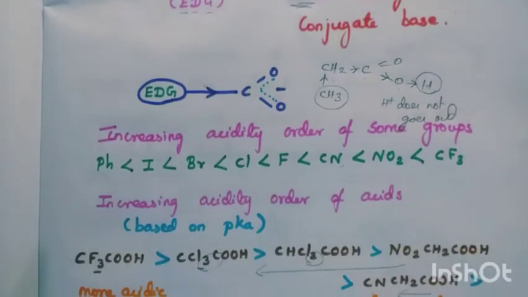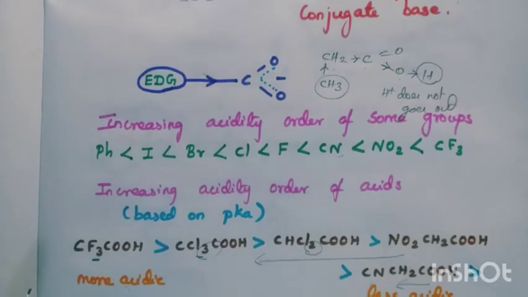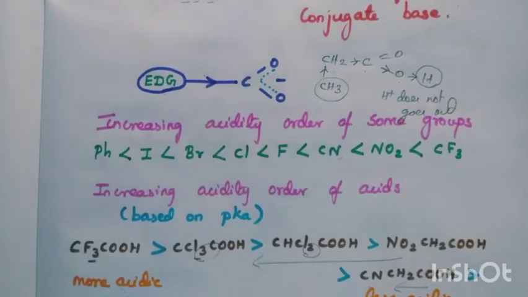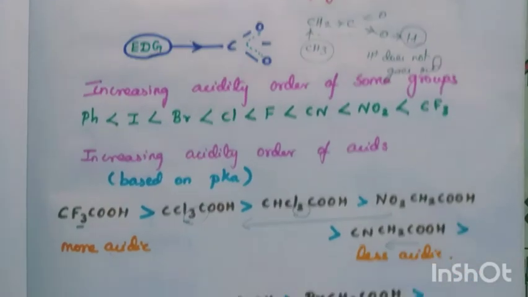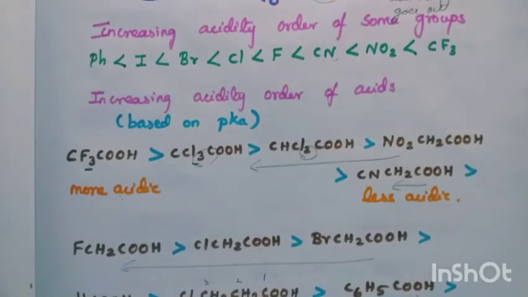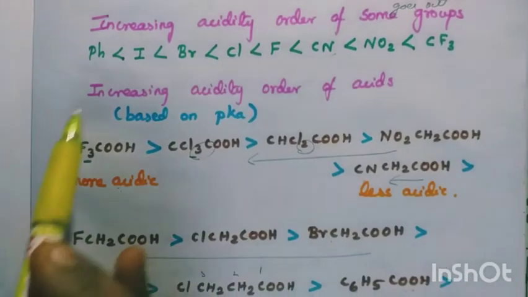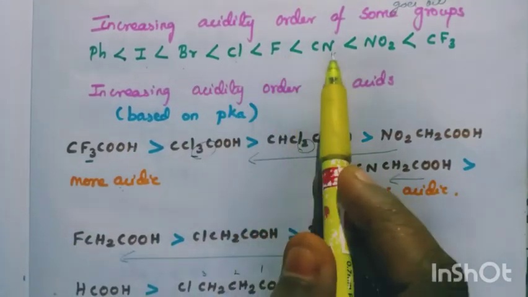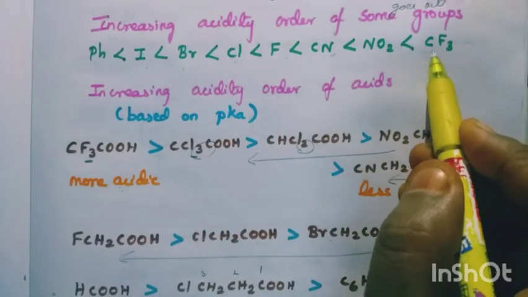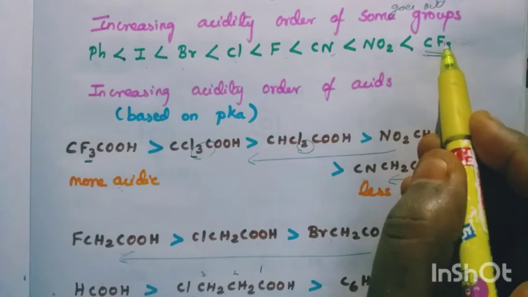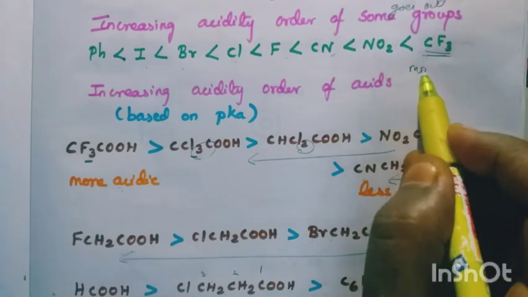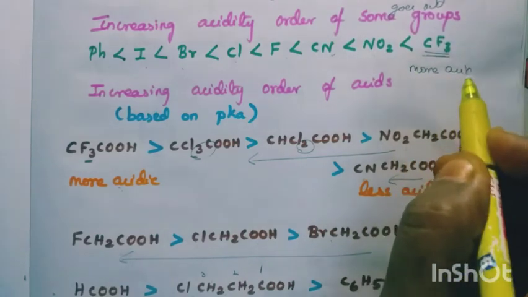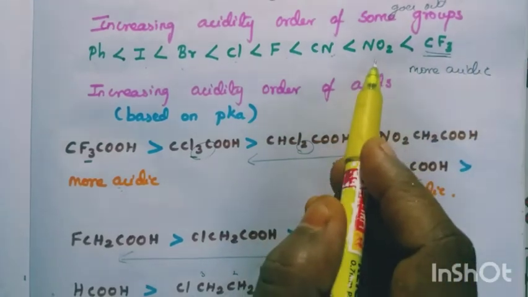Now, the increasing acidity order of some groups we are going to see. That is, phenyl, iodine, bromine, chlorine, fluorine, cyanide, NO2. These are highly electronegative, so they attract electrons. Attract means more acidic, then electron deficient.